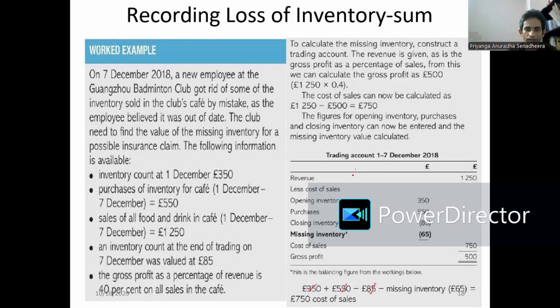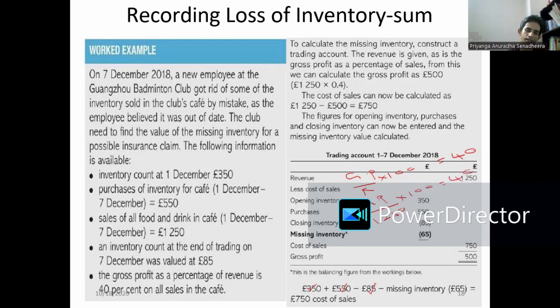Gross profit over revenue into 100 is equal to 40. Gross profit we do not know, so we write GP as it is. Revenue we know, 1,250, into 100 is equal to 40.